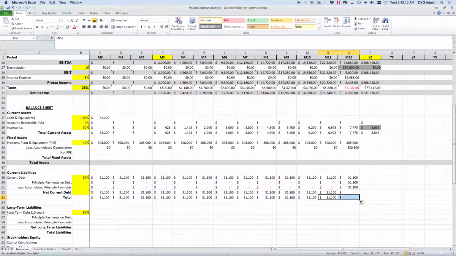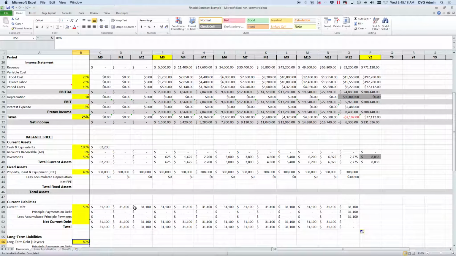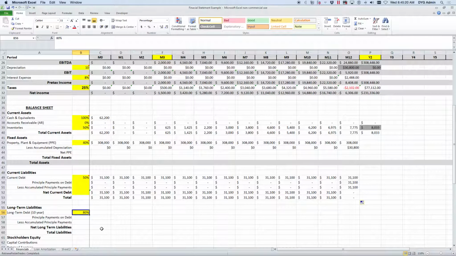All right, let's solve for this long-term liability. I am assuming that we have a loan that's for 80% of the fixed assets. Okay, and so equals this times that.